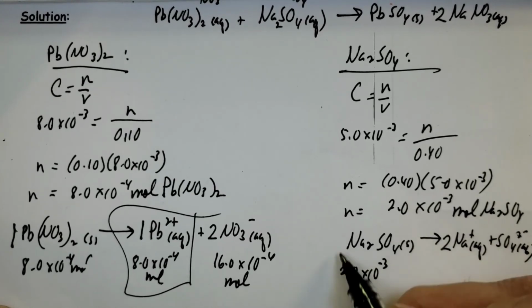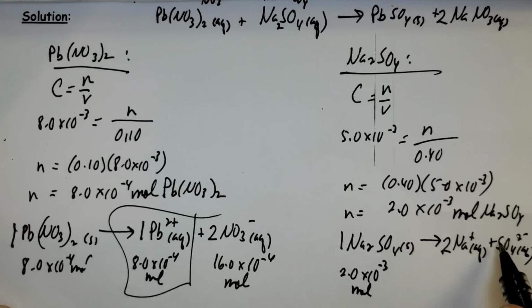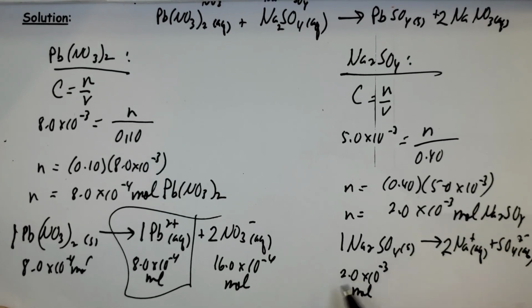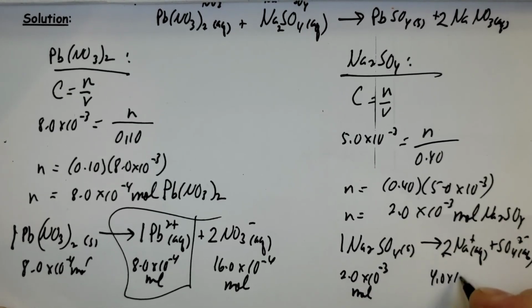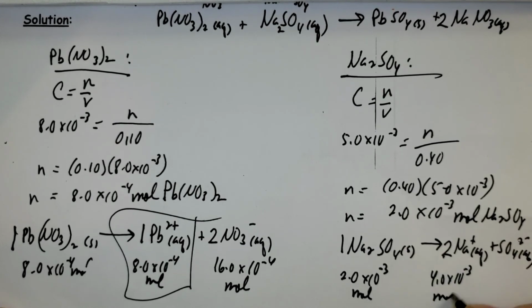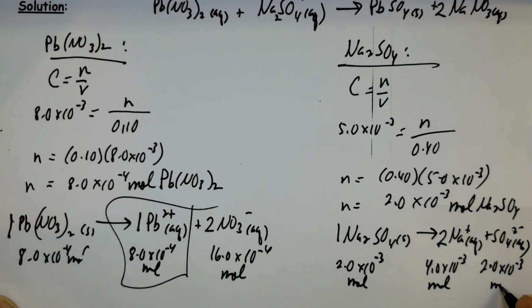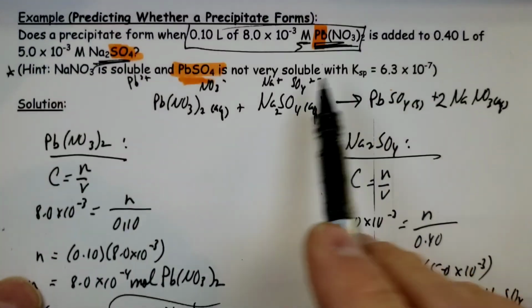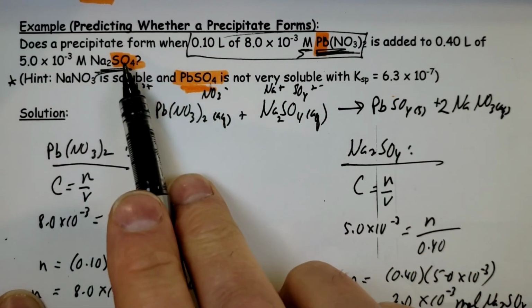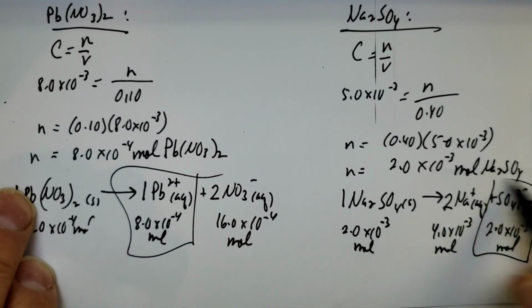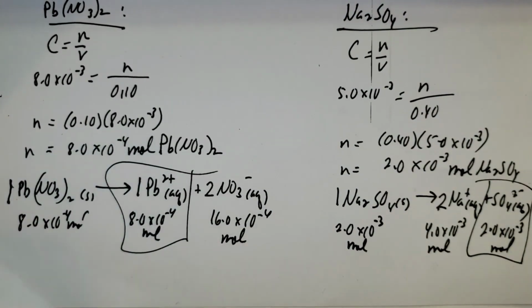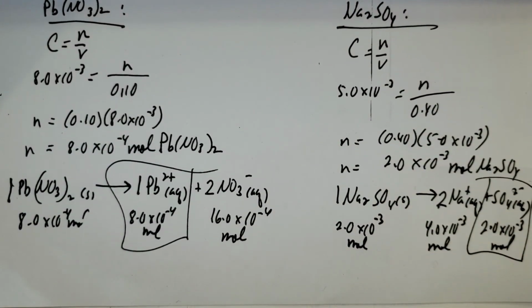And if I look at the ratio here, 1, 2, 1. Therefore, 2 times 10 to the minus 3 moles. And of course, I am looking for sulfate.